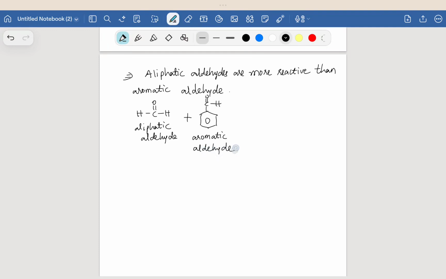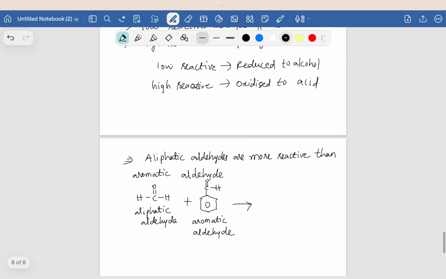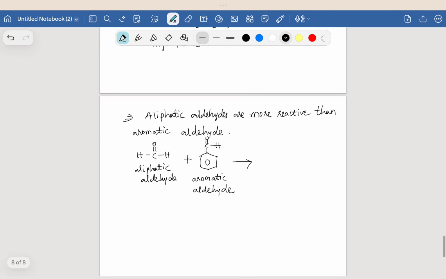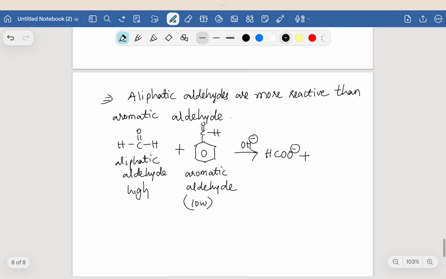As I told you, the more reactive one forms acid. So it forms HCOO minus, and we have to take OH minus. The low reactive aldehyde gives alcohol, Ph CH2OH.